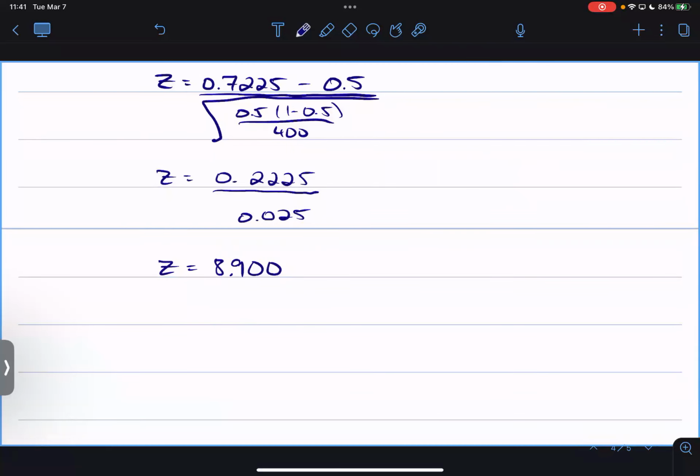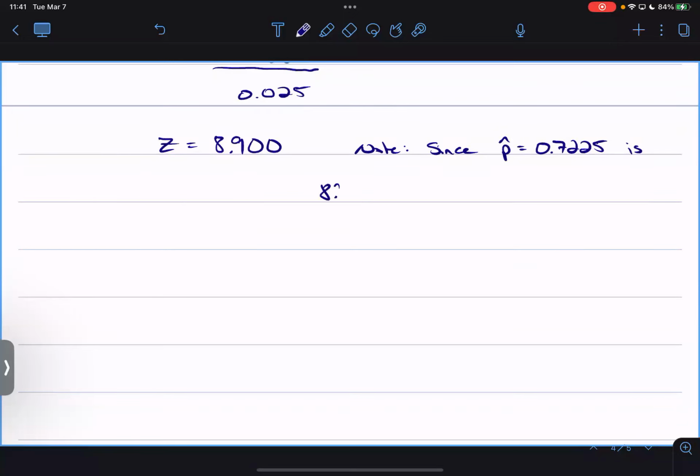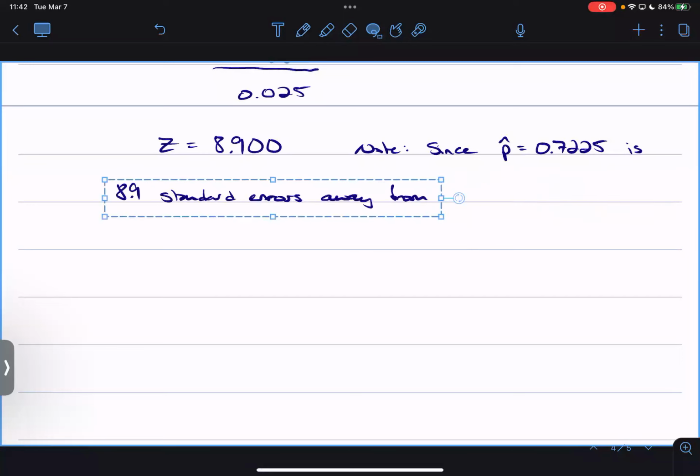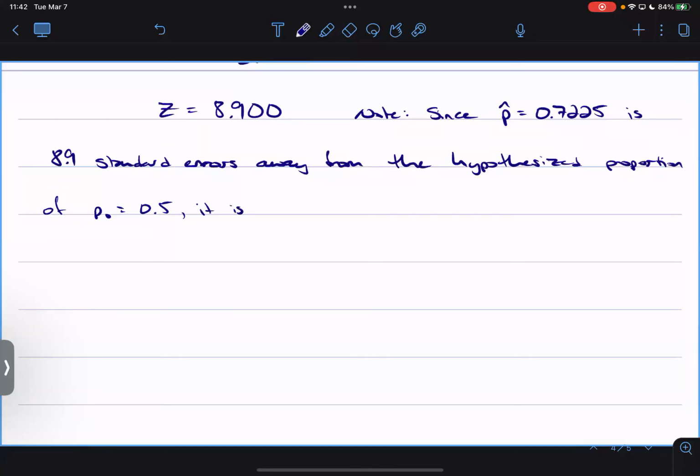And so here, just as a note, since P hat, 0.7225, is 8.9 standard errors away from the hypothesized proportion of P naught equal to 0.5, it is unlikely our sample proportion came from a distribution centered on 0.5.